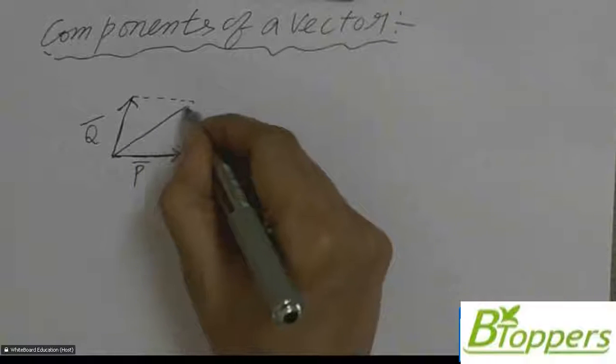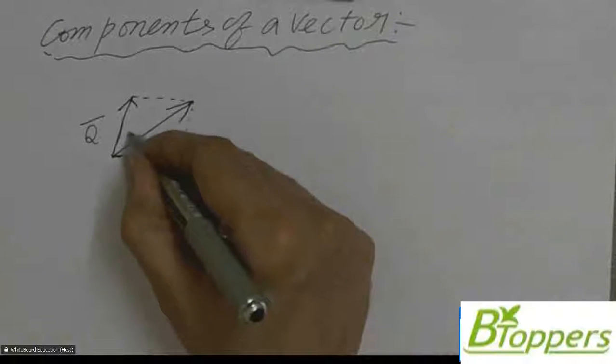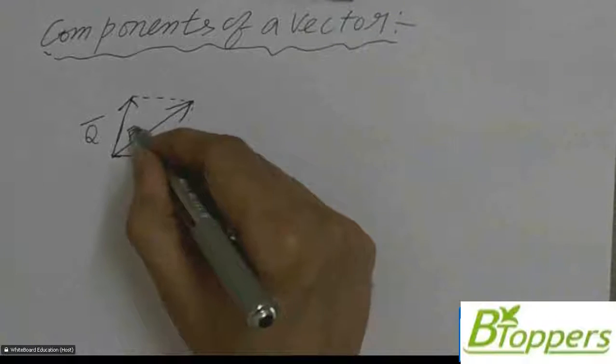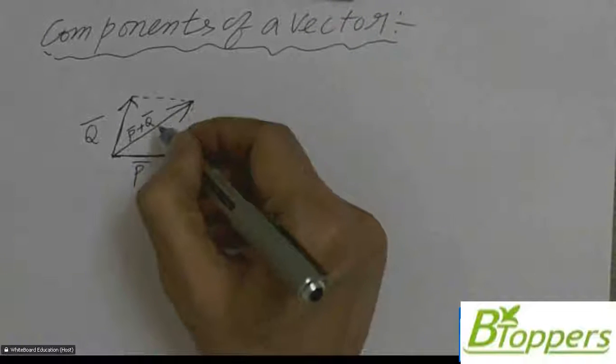Then the diagonal of the parallelogram passing through their point of intersection represents the vector sum of p bar and q bar, or the resultant of p bar and q bar.